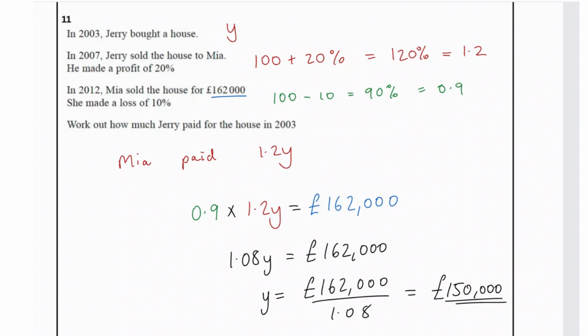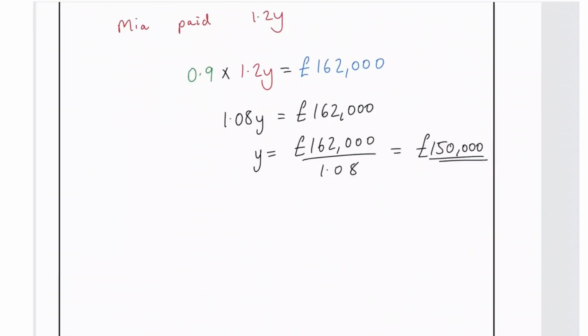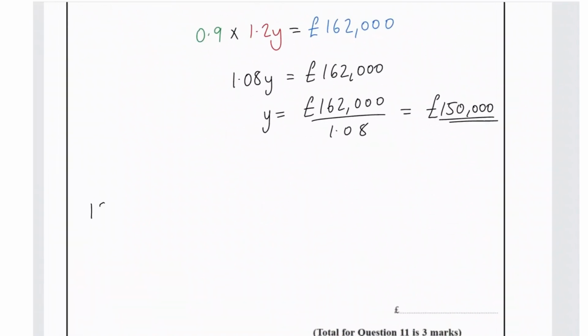Now, if this was me in an exam, I'd be tempted to put this back through. So if I start off with y being 150,000, I'd increase it by 20% to find out what Jerry sold it to Mia for. And then I'd take 10% off that to see if it is 162,000. So if we do that down here, 150,000, what Jerry paid.